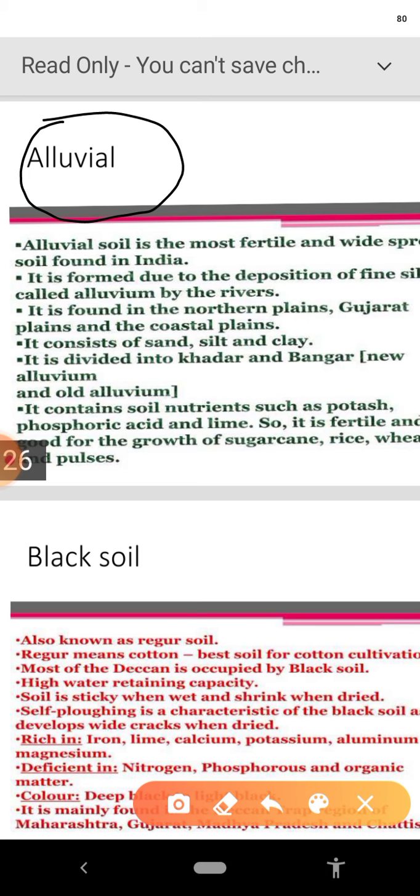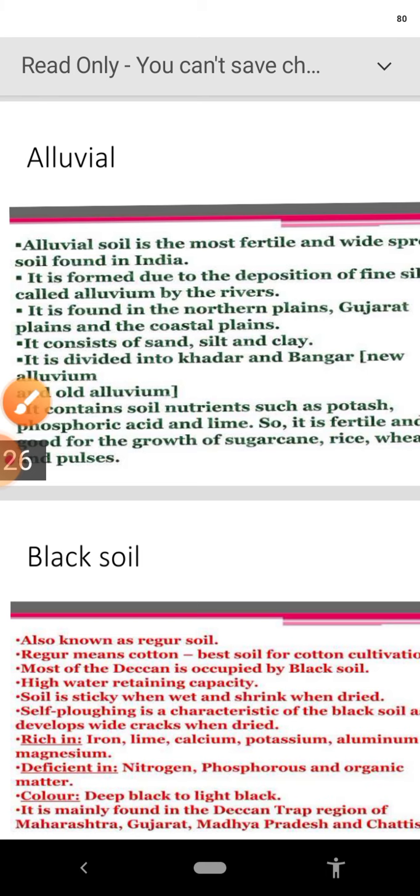According to the age factor, alluvial soil is classified as Khadar and Bangar. Khadar is new alluvium, finer grained, light in color, fertile, and found along the banks, floodplains, and delta regions, whereas Bangar is the old alluvium, darker in color, coarse in nature, and found above the level of the floodplain. Bangar contains kankar nodules.